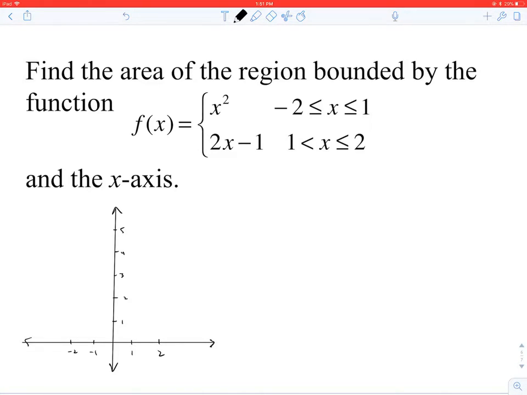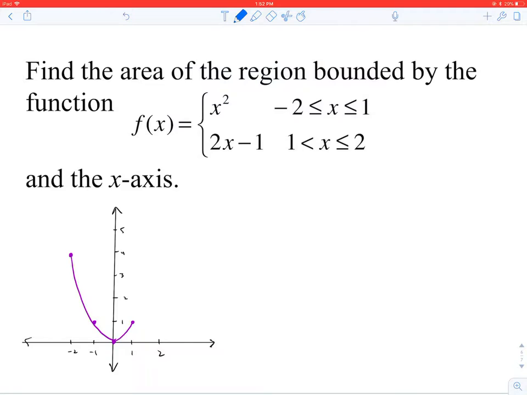Okay, so x squared graphed from -2 to 1, with the points -2, 4, -1, 1, 0, 0, and 1, 1. I'm going to switch colors, even though it's the same function, just to represent how I'm going to have to split up the areas.